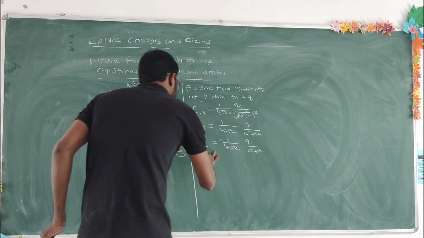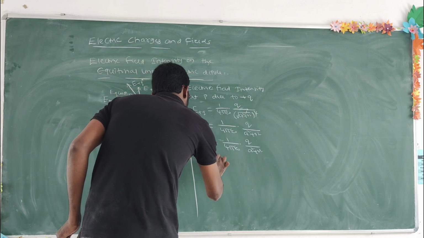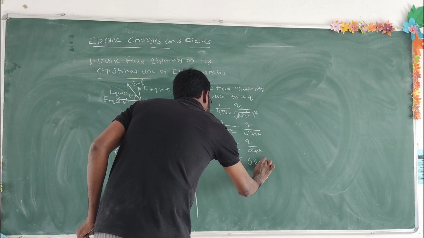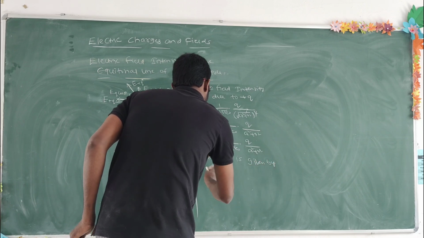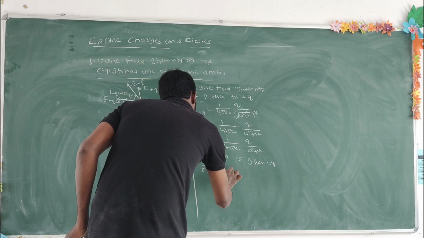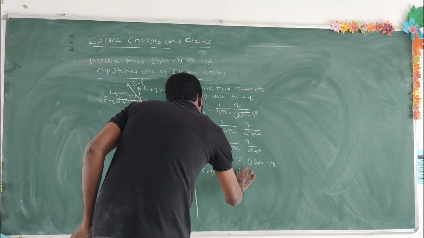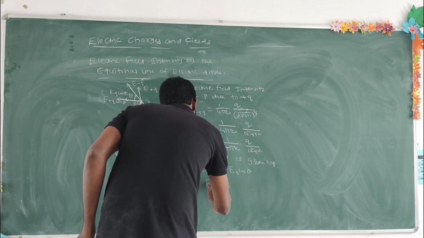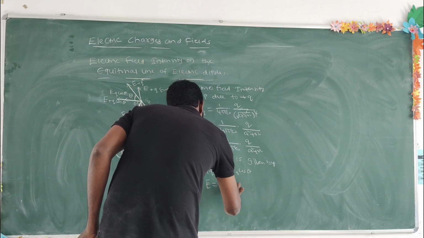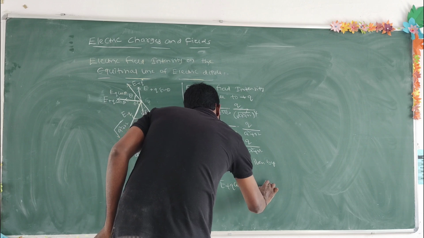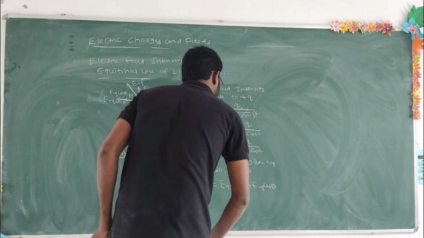The electric field E at P is given by E plus q cos theta and E minus q cos theta. The total electric field E at P is E plus q cos theta plus E minus q cos theta.